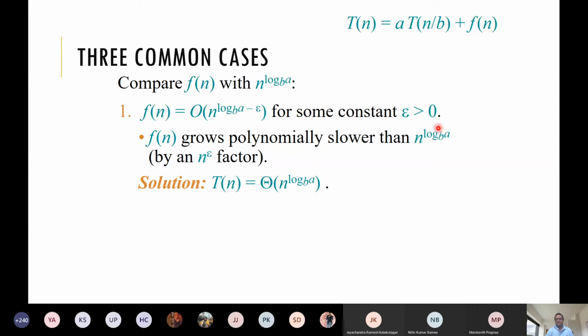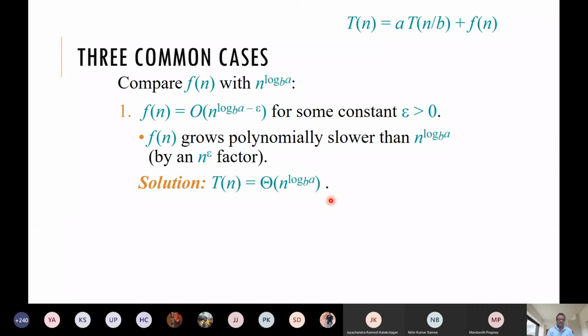That means n to the power log a base b is the dominating cost. To define polynomially slower, we divide by n to the power epsilon, so f(n) is less than some c times that, which is the definition of big O of g(n). Mathematically that is how we represent it, but the meaning is that f(n) is polynomially slower. To bring in this polynomial term, we introduce epsilon, any positive constant greater than 0, and in that case the solution is big theta of n to the power log a base b, because that is the dominating cost. We discussed this in the last class.